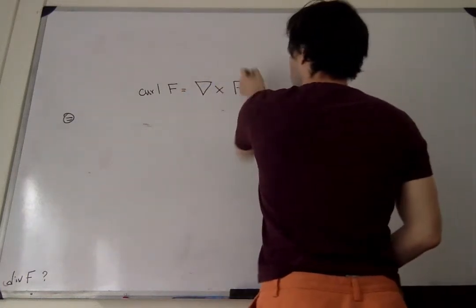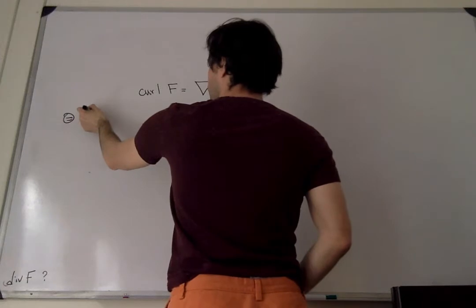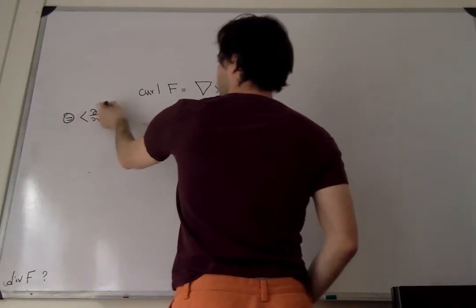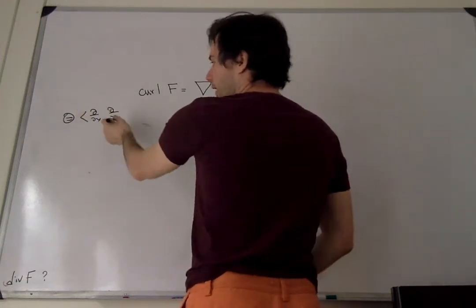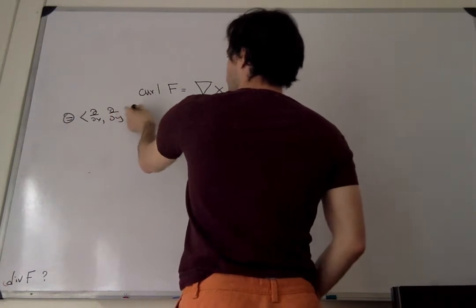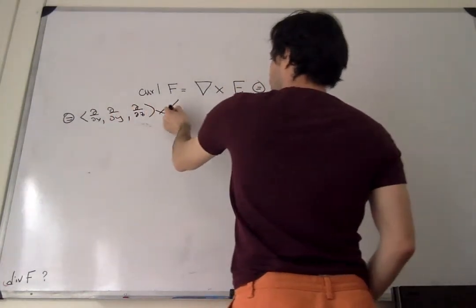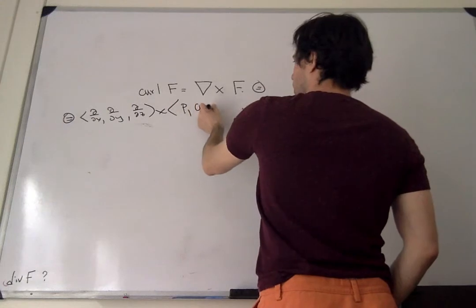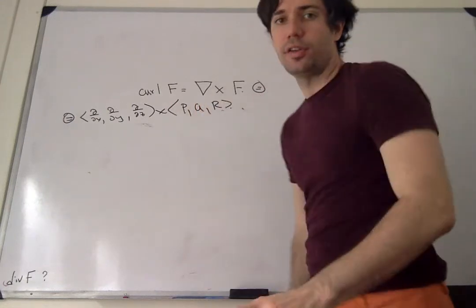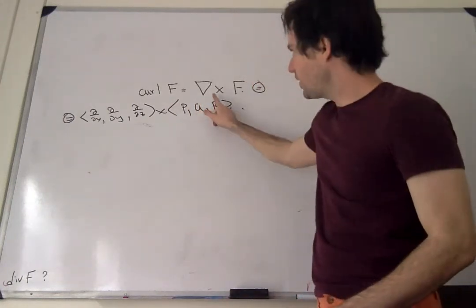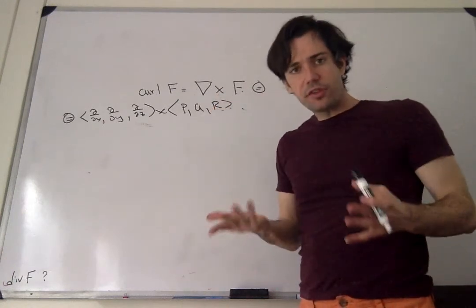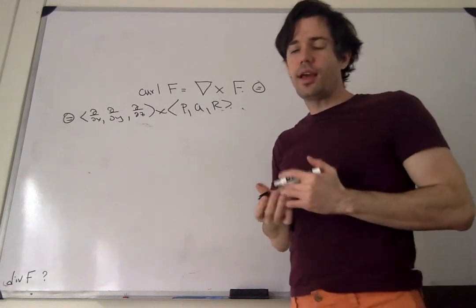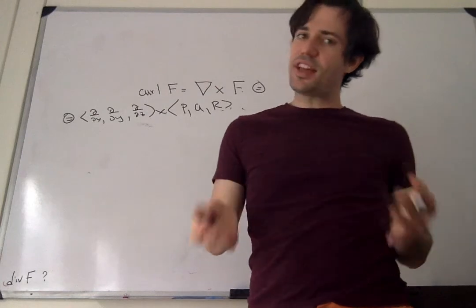Okay, so what is this equal to? Well, this is equal to what I just said, ∂/∂x, ∂/∂y, and ∂/∂z. And then I'm going to cross it with P, Q, and R. So notice that the cross product is only defined in 3 and I believe 7 dimensions.